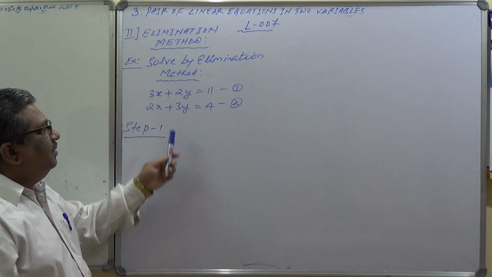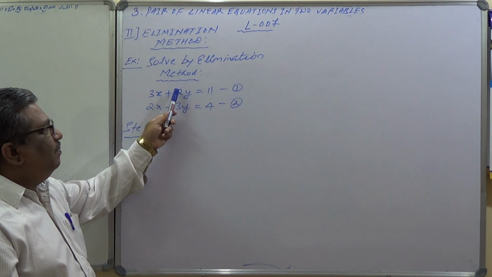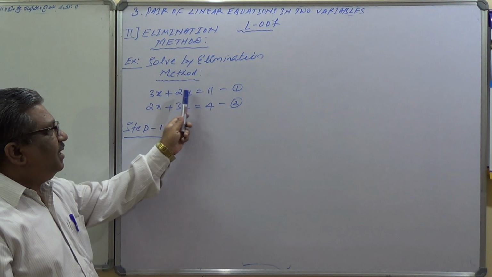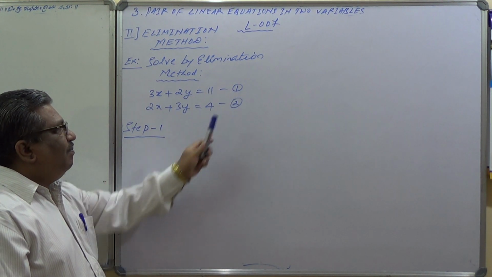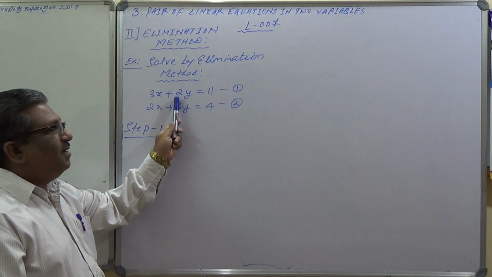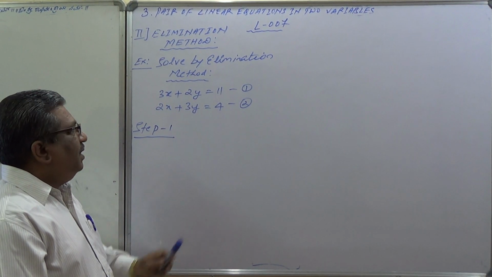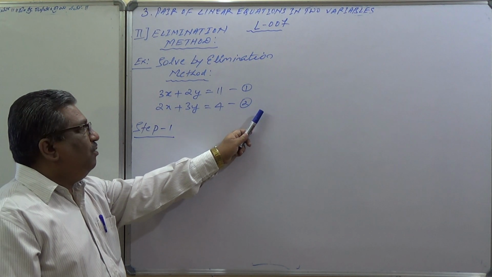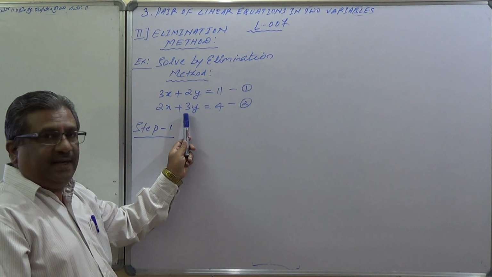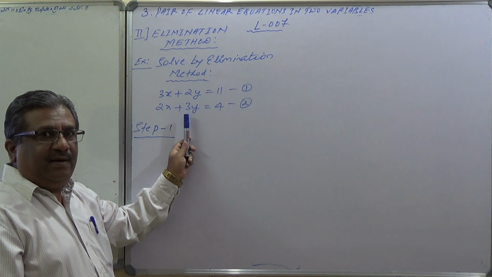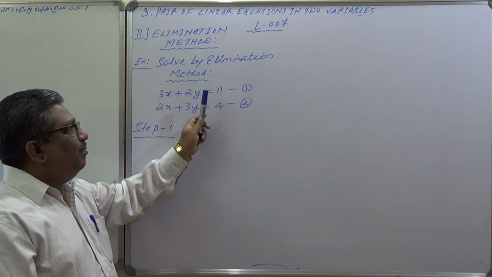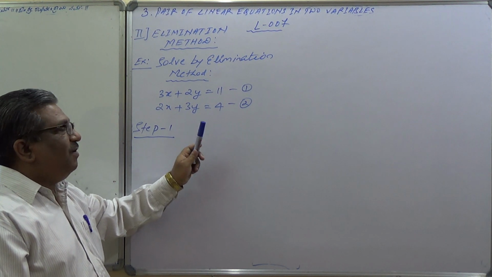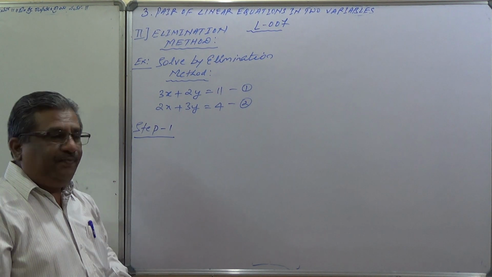How do you make the coefficients of y in both the equations the same? If I multiply the entire first equation by 3, I'll get 6y here. If I multiply the entire second equation by 2, I'll get 6y here. Meaning I am multiplying both equations by the coefficients of the alternate equations.